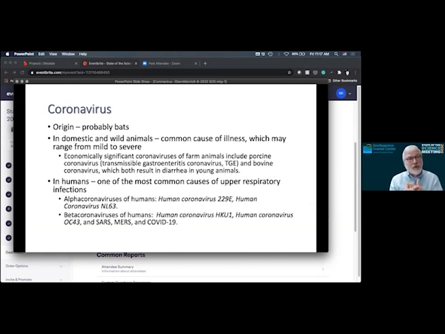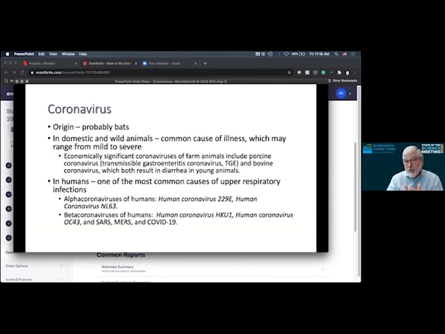This virus is also fairly common in domestic and wild animals. It's a common cause of illness. It's an economically significant infection in certain farm animals, including porcine coronavirus and bovine coronavirus, both of which result in diarrhea in young animals.